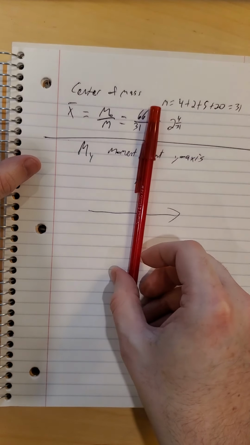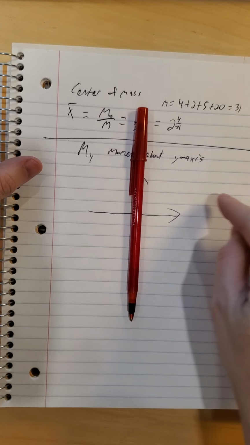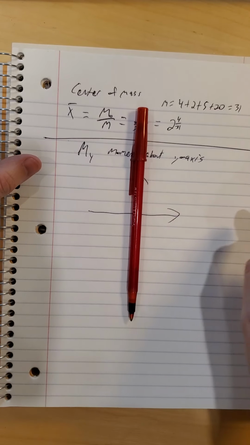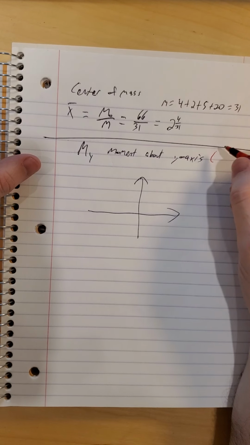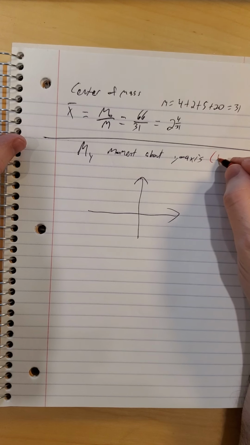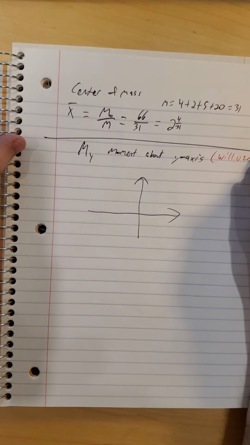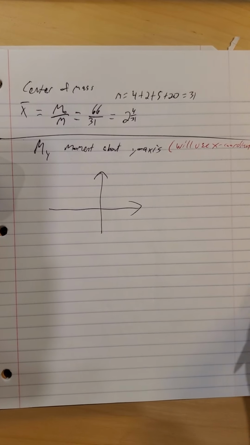If the y-axis is my pivot point, then really the distances that matter to me are left and right, in other words, x coordinates. So it's a little bit counterintuitive until you think of it in those terms. So we've got x coordinates for that one.